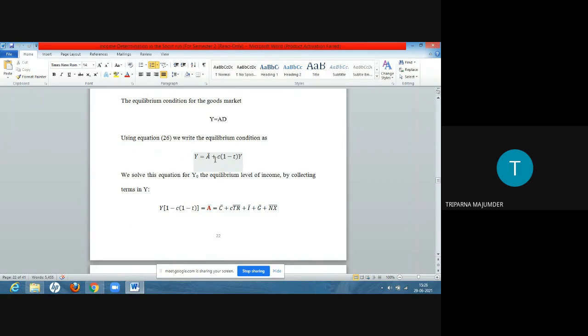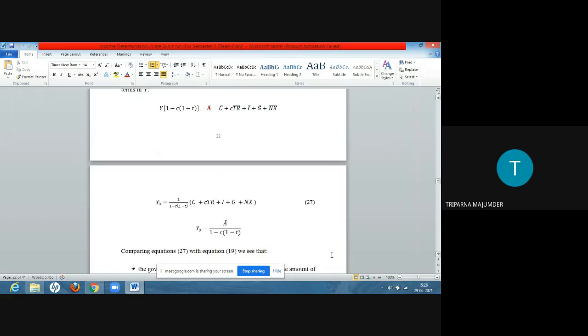We just take this term to the left hand side and get A bar here, and this will give us our equilibrium income as Y naught is equal to 1 by 1 minus c into 1 minus t. This we multiply by the amount of autonomous expenditure.